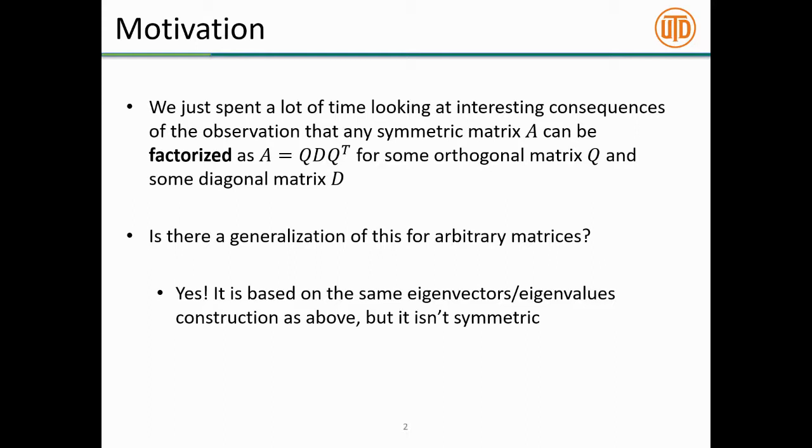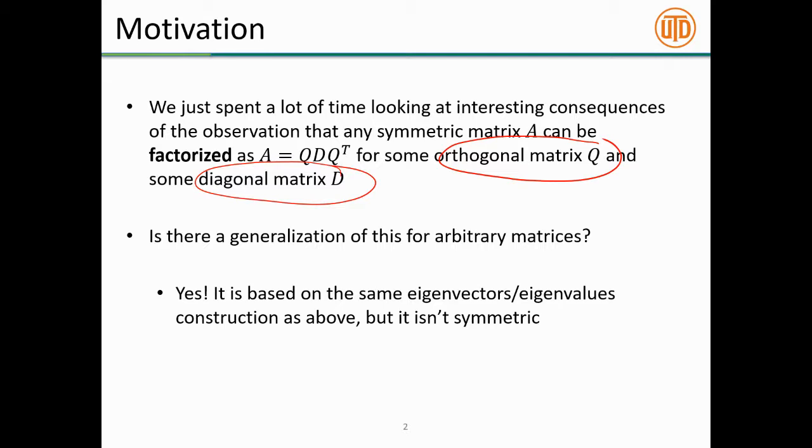So recall again that any symmetric matrix can be factorized as Q D Q transpose for some orthogonal matrix Q and some diagonal matrix D. Remember that a matrix is orthogonal if its columns and rows are orthonormal vectors. In this particular case, this decomposition comes from the eigenvectors. So Q is the orthogonal matrix whose columns are the eigenvectors of the matrix A.